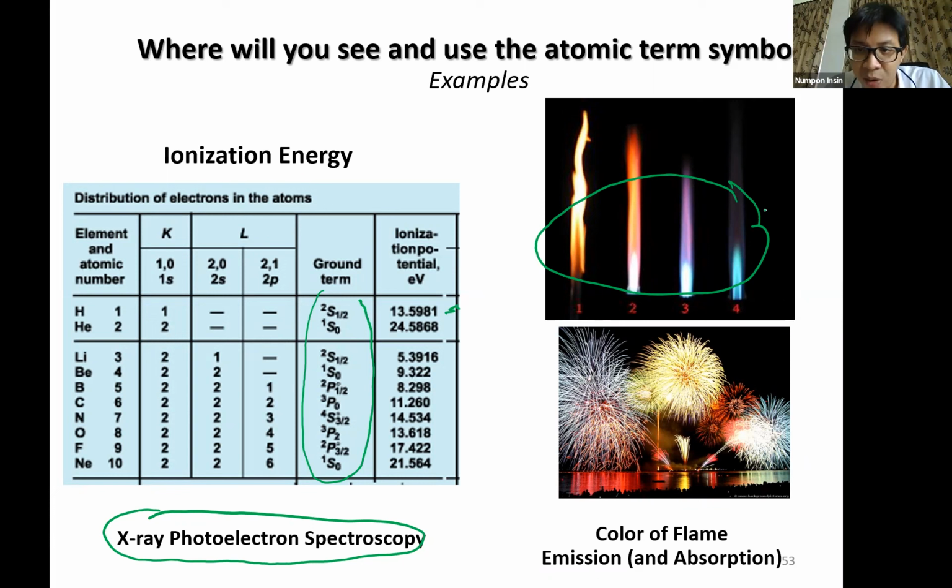When they come back, they give out light. Okay. Because each atom has a different term symbol, a different arrangement, that's why they give out different colors. And this can be used to design fireworks, which is why they put some elements into them. So these are phenomena that we can find in daily life.